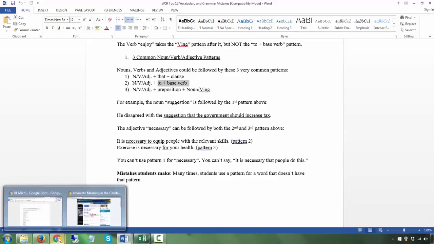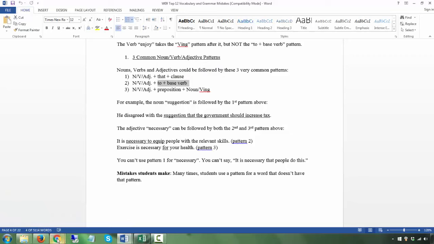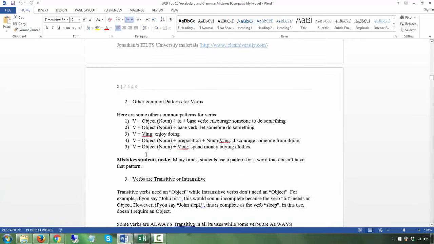And as we went through all the dictionaries, we saw that the pattern is actually not mentioned here, but I put it in other common patterns: verb plus verb ing. Just like enjoy doing, you don't say enjoy to do. For the verb enjoy, you don't say enjoy to do, you say enjoy doing. That's the pattern.